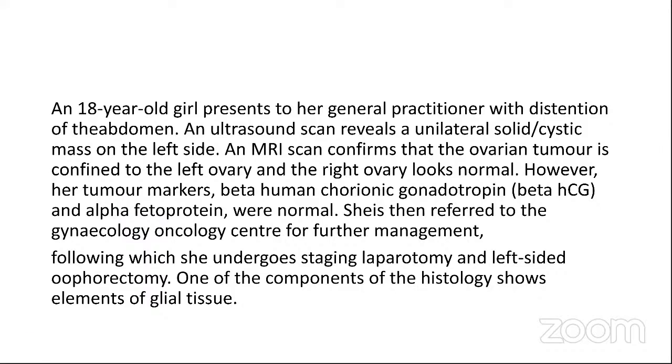One of the components of histology shows elements of glial tissue. See here, this patient's tumor markers are normal, but on histology, you have elements of glial tissue. So based on the presence of elements of glial tissue, you have to answer this question. The options are benign teratoma, choriocarcinoma, dysgerminoma, immature teratoma.